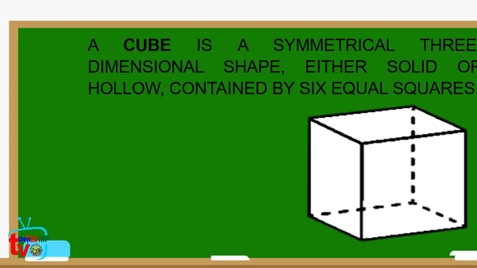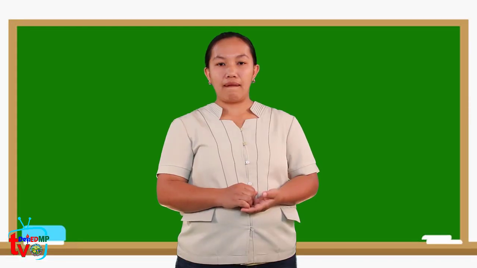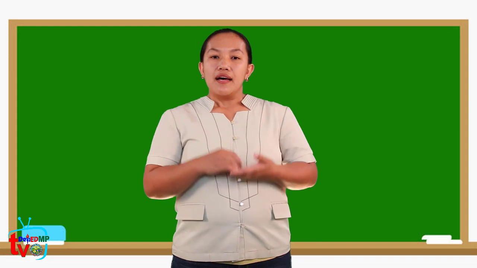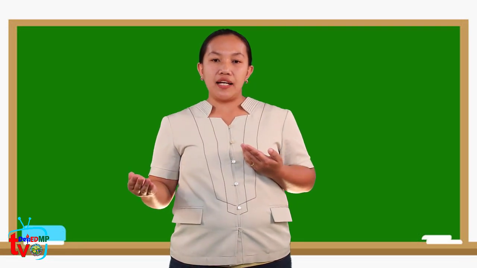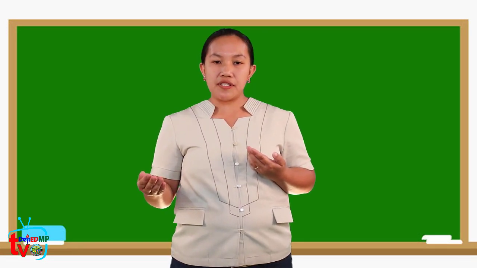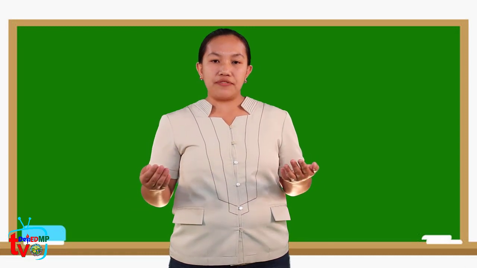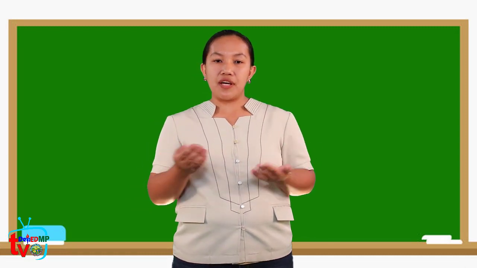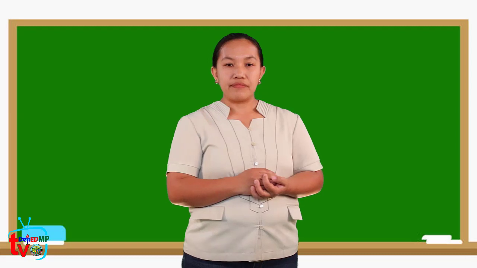A cube is a symmetrical three-dimensional shape, either solid or hollow, contained by 6 equal squares. Now that you have studied the different solid figures and described each of them, let us answer this activity.